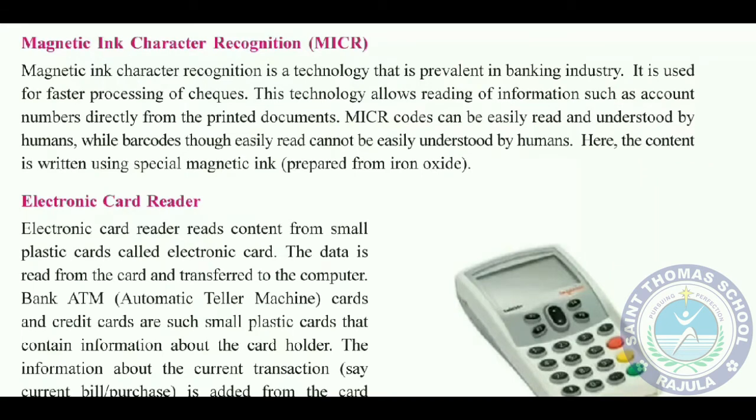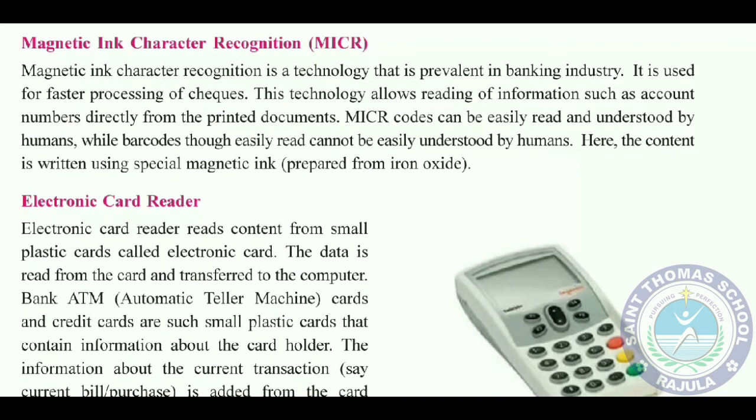But the codes that are written in the barcode, this barcode is easy to read but we can't understand it. So that is the difference with the MICR. We can easily read and even easily understand MICR, but barcodes we can see and read, but we can't understand the content behind them.